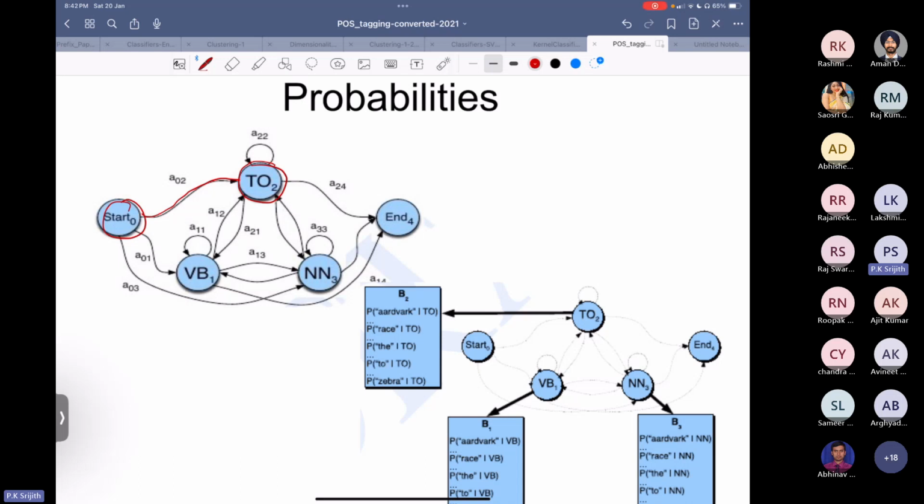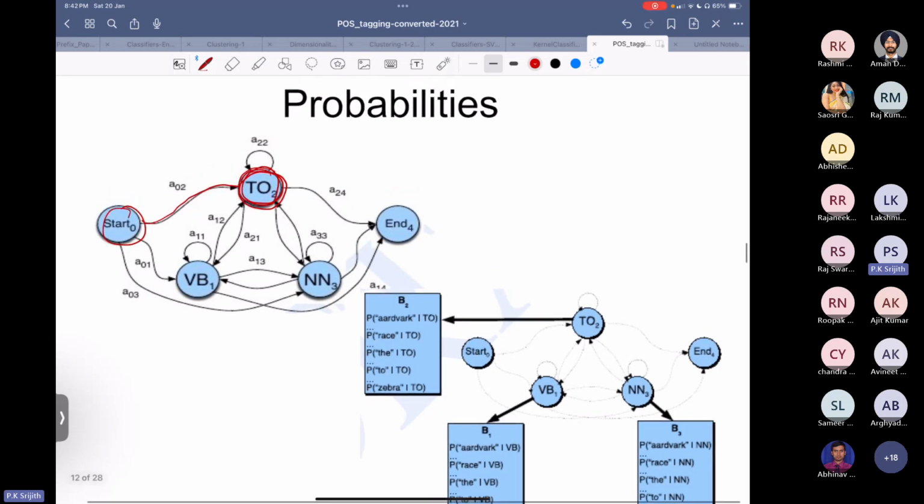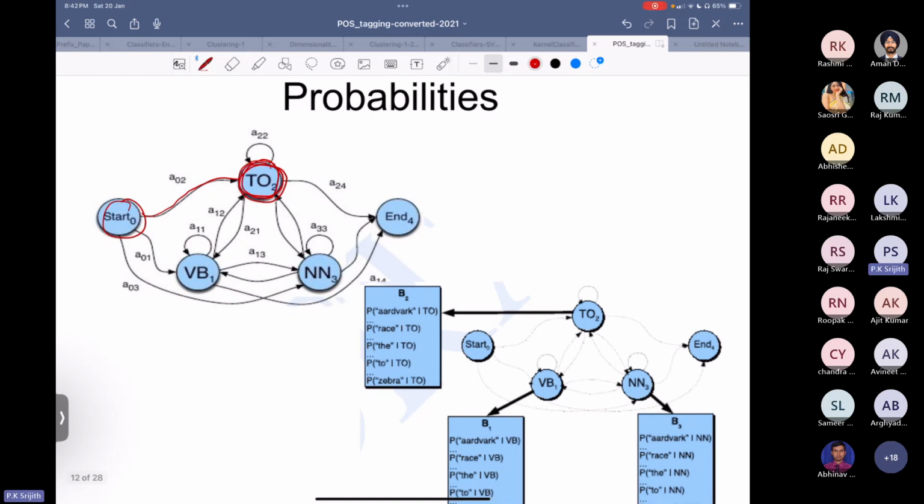While you are in any of these states, you can think of obtaining your observation using the emission probability matrix, right? So the hidden Markov model consists of the transition probabilities and emission probabilities.